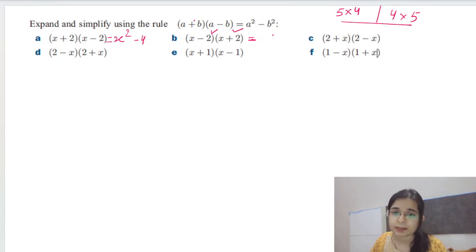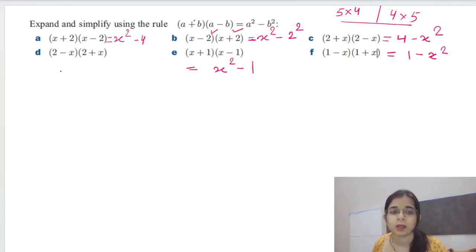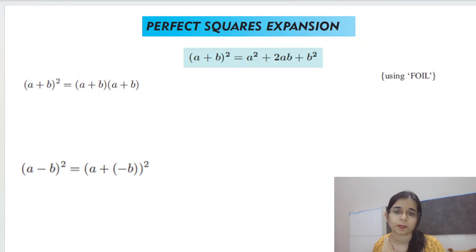Same thing here, just keep in mind what your first term is and what your second term is. Rest everything is super easy. 1 is your first term, 1 square is 1, x is your second term, so 1 minus x square. Here x square minus 1. Now 2 is your first term, so 2 square is 4 minus x square. See how easy that was? I hope you have understood this.